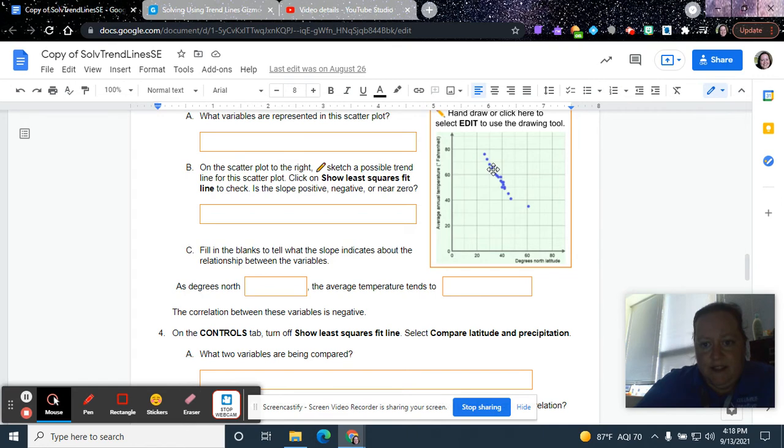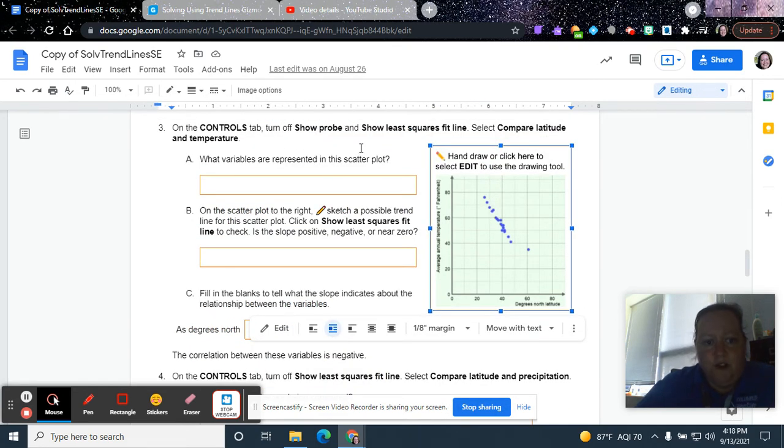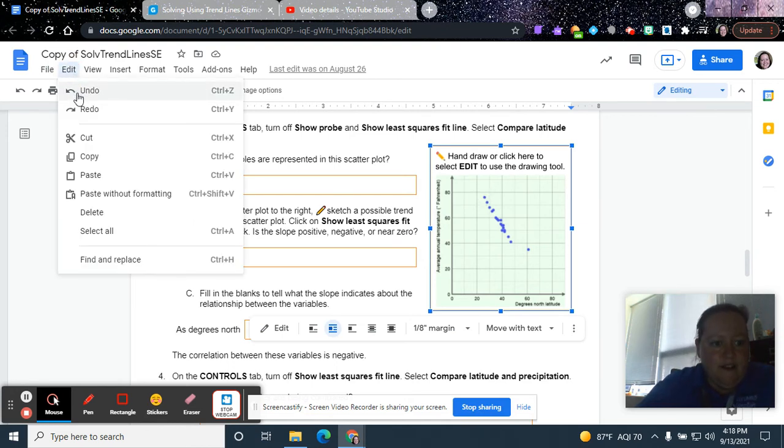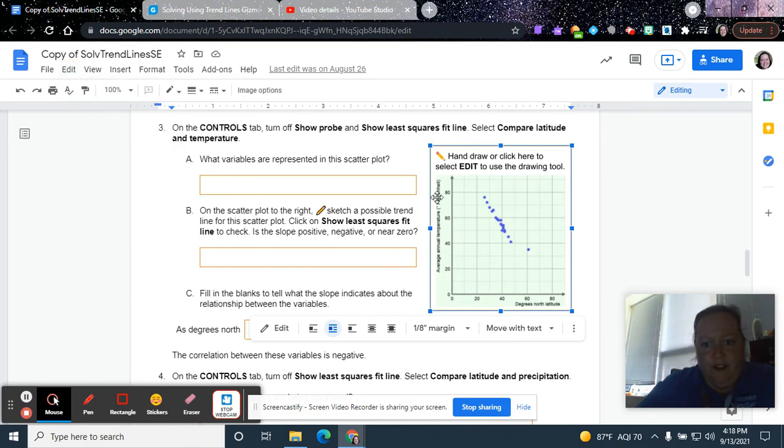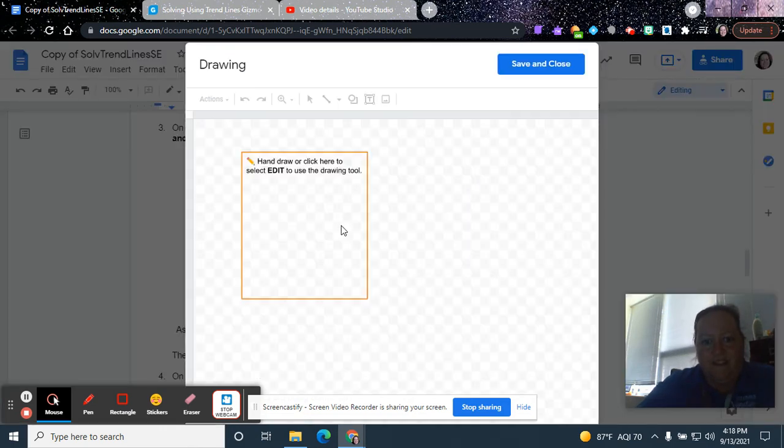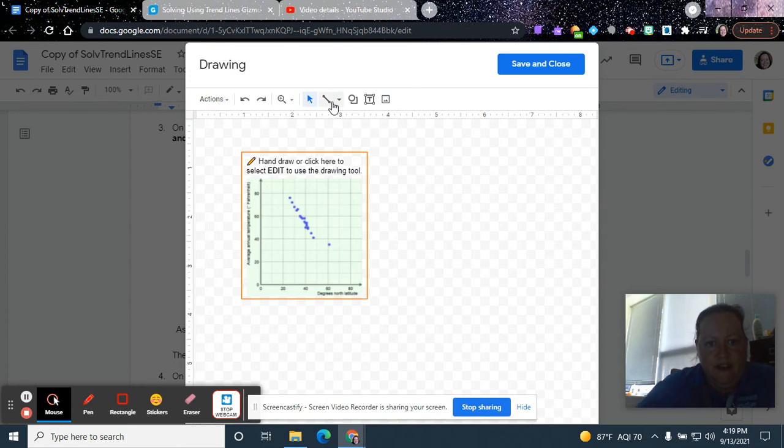And it says, click here to select edit and then use the drawing tool. How do you do that? Oh, hey, double click on it. That's what it meant to say. And then now you can put a line through it, and you're going to try to move that line to where it's going to go through as many of the points as possible.